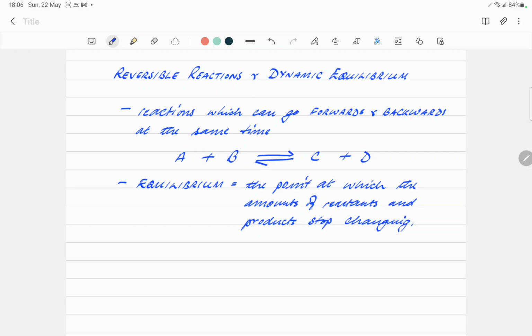That implies that the forward rate of reaction equals the reverse rate of reaction.